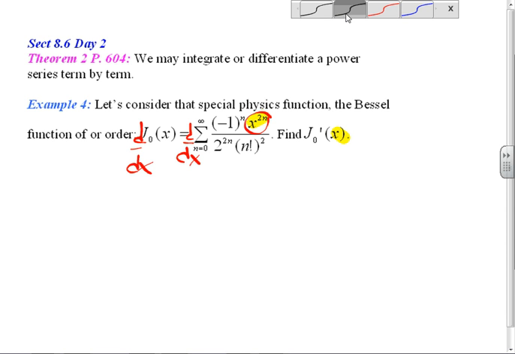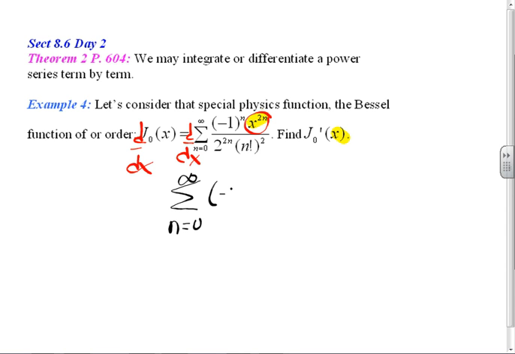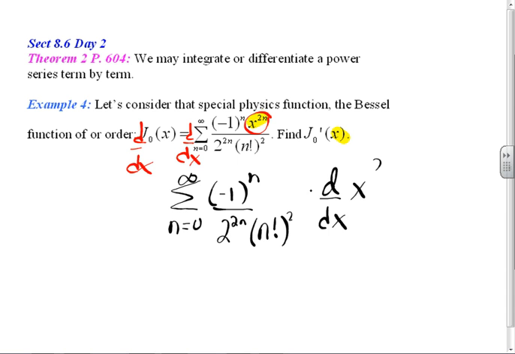Because does the derivative affect the n's? No. The derivative only affects what letter? X. So it's -1 to the n. You could write it out term by term. I don't want to do that because that looks like too much work. Times the derivative with respect to x of x to the 2n.